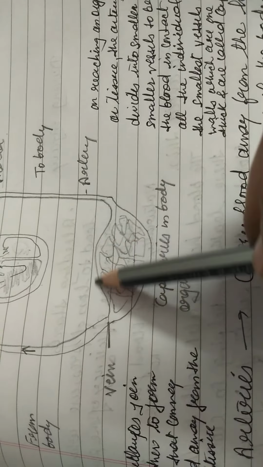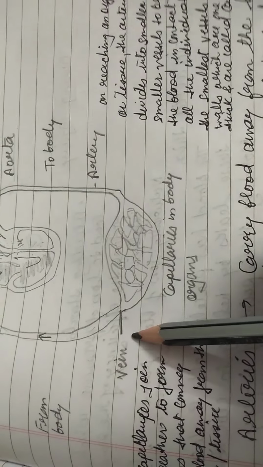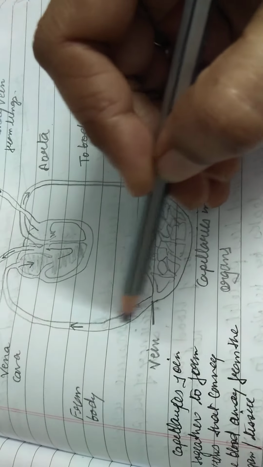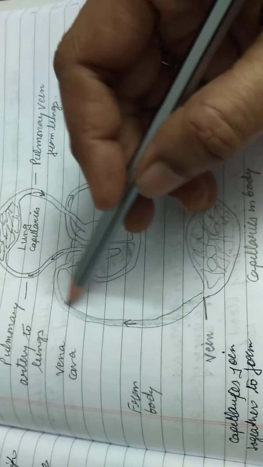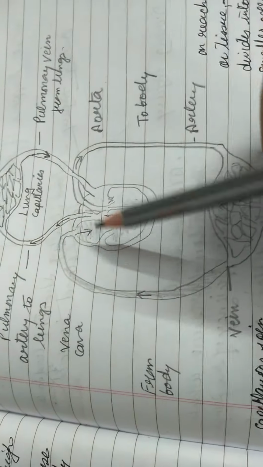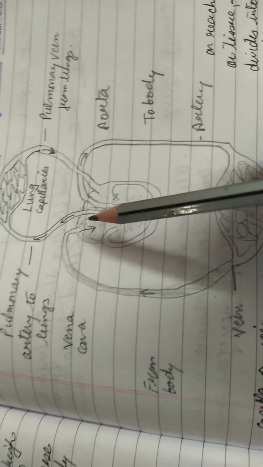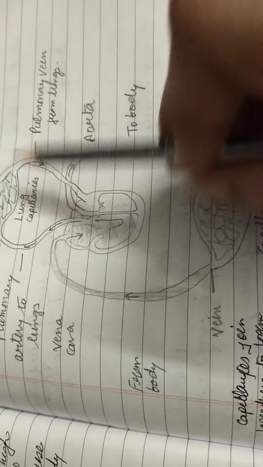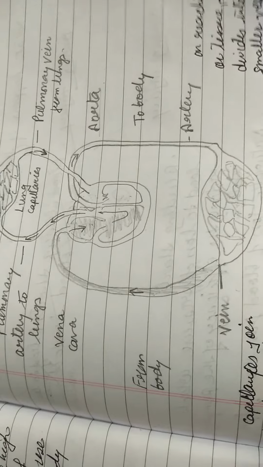Now these capillaries again unite and form the tube which is called a vein, right? Now this blood is deoxygenated blood, so it has more carbon dioxide. Now this blood reaches the right auricle. See, again the same cycle starts. This way the transport of oxygen and carbon dioxide takes place.